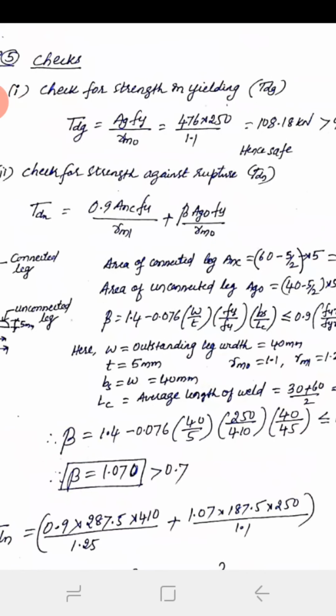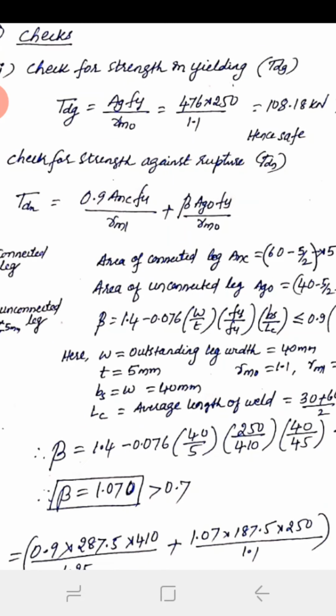So here the first check we need to do is check for strength in yielding. You have to refer IS 800 2007 page number 32. In that page, for the check for strength in yielding, the formula is given: TDG equal to AG into Fy divided by gamma M0. Here AG you have to substitute the provided angle area, into 250 is the yield stress, divided by the partial safety factor for the material, that is 1.1.